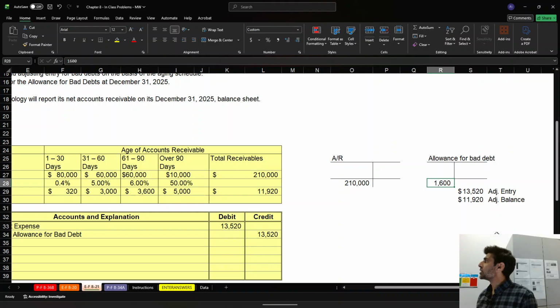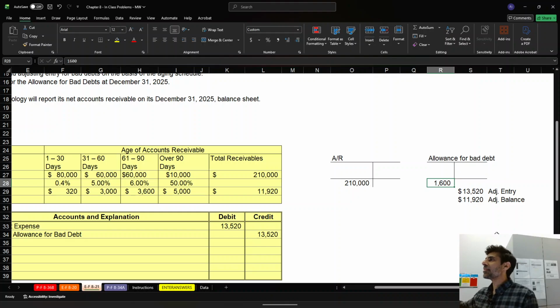reason why doing adjusting entries is important, because there could be balances that are incoherent unless you check through and make sure your contra accounts, everything is coherent, especially for these accounts where you're reserving, which are based on estimates, because the estimate is never going to be exactly correct.